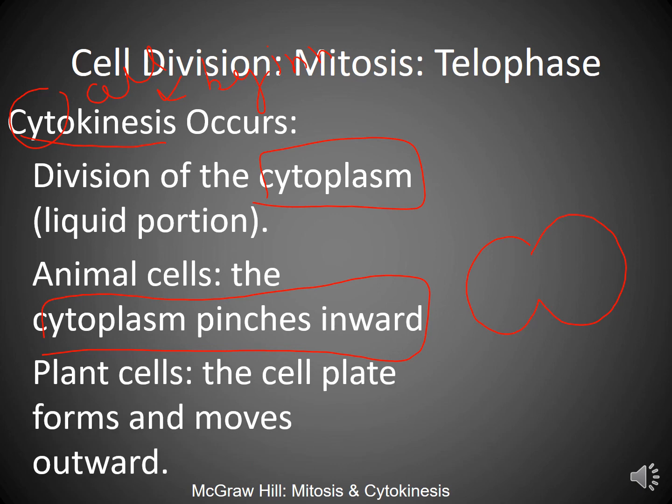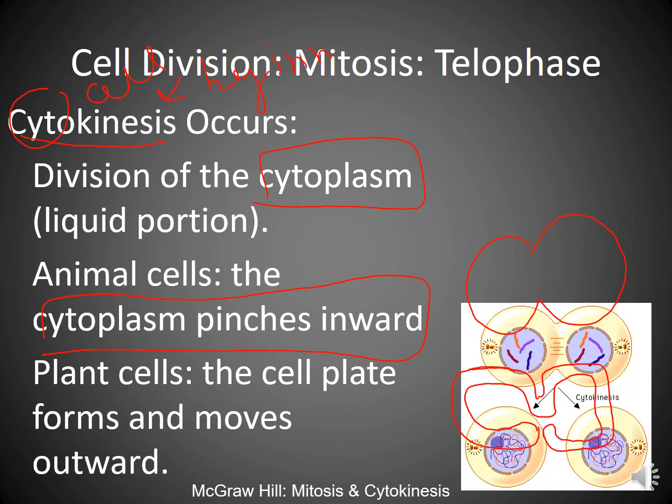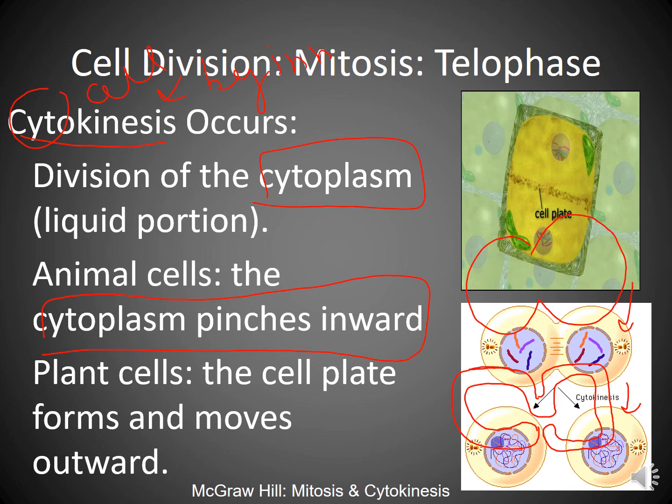Plant cells are squares, but then you start seeing a wall get built around theirs. Okay? This is again animal. Cytokinesis is when it's actually two new cells. Telophase is when it's making two new cells. And as you see, the cell plate.